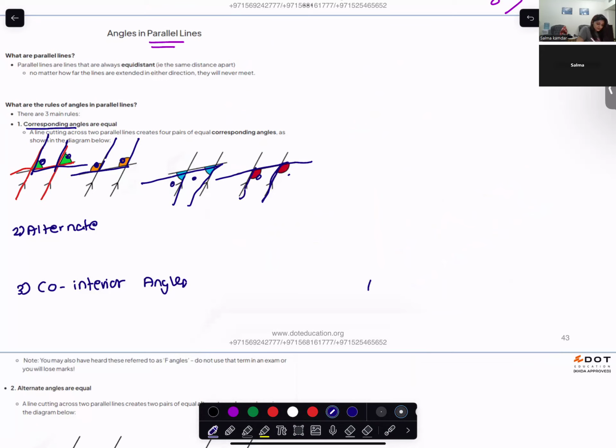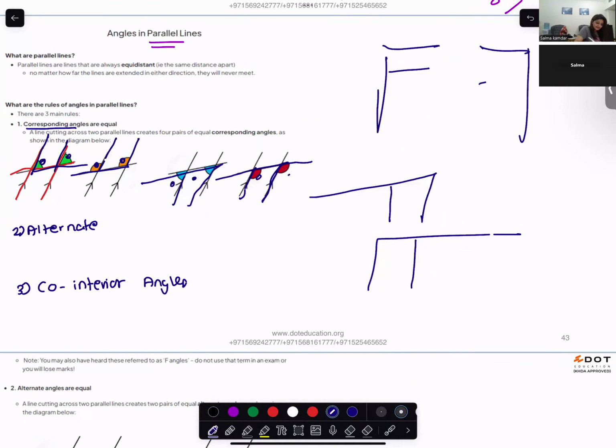So one F like this, F like this, F like this, or F like this. These are all corresponding angles, and all the pairs of corresponding angles are equal. This angle is corresponding to this angle, and this angle is corresponding to this angle.